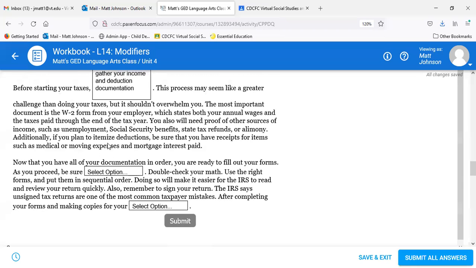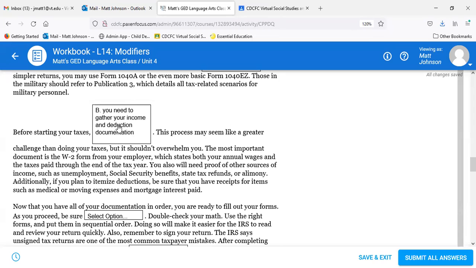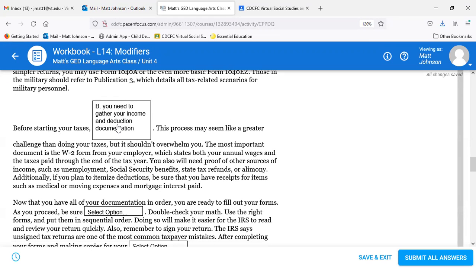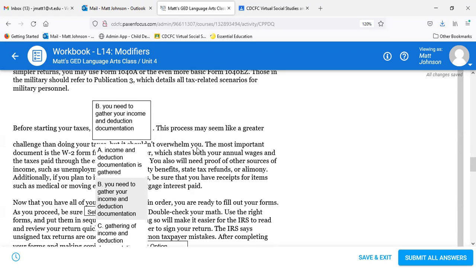We need to put a subject in there to understand what's being modified. So before starting your taxes, you need to gather your income and deduction documentation. Before, that's a prepositional phrase. Before starting your taxes, so it's telling us when. It's an action in time. Before starting your taxes, you need to gather your income and deduction documentation.